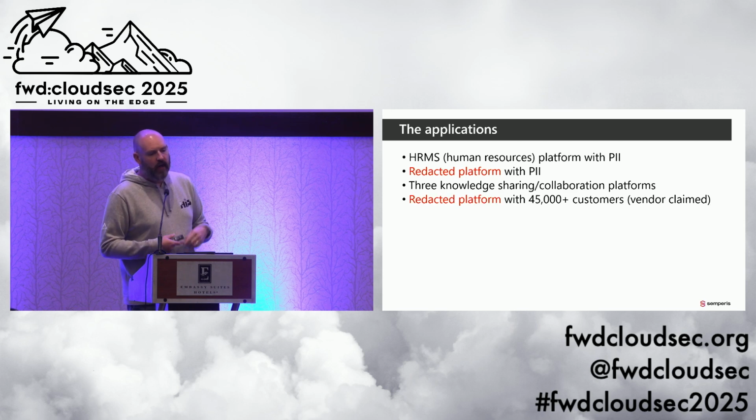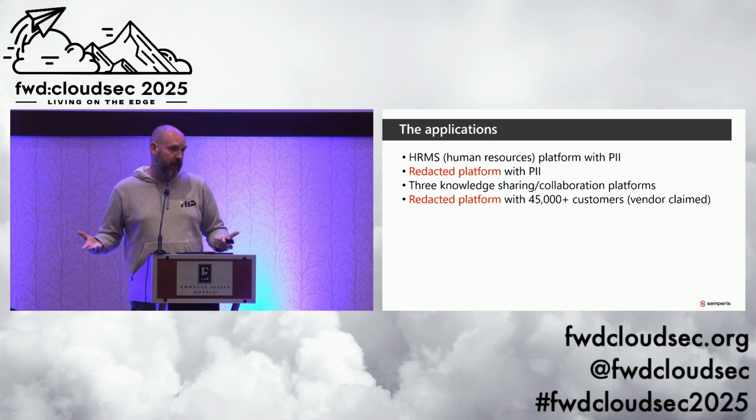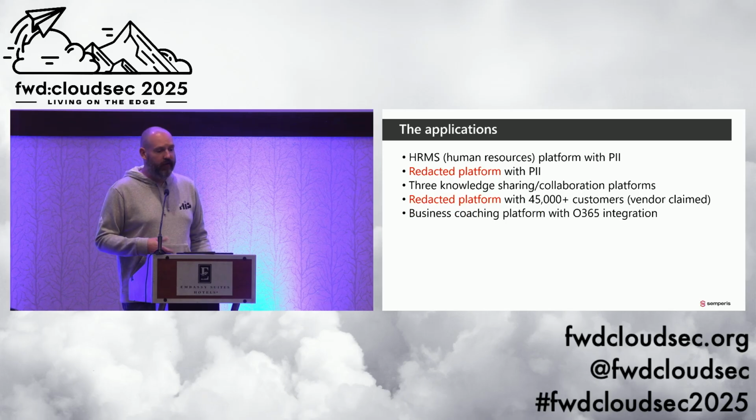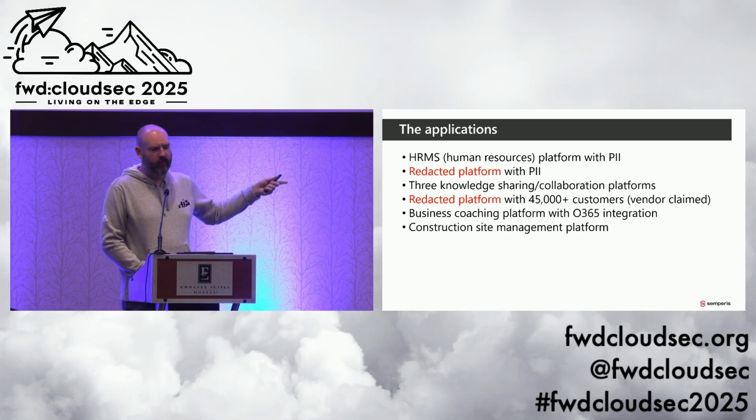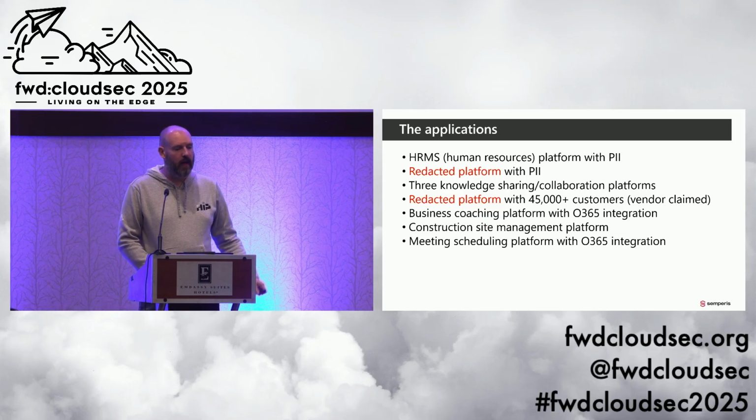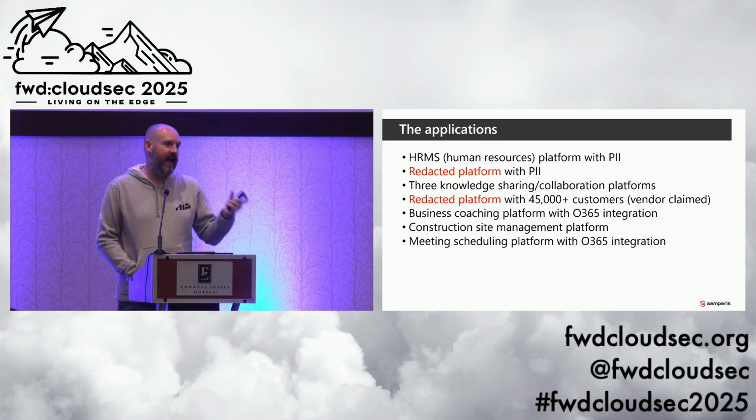Some other platform out there, again still not resolved, that they claim to have 45,000-plus customers. A business coaching platform, and this is where it also gets interesting, that had Office 365 integrations. There's some construction site management platform, and a meeting scheduling platform with O365 integration. So think of like a Calendly type thing.